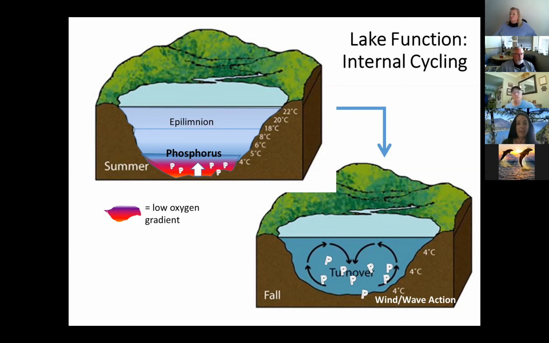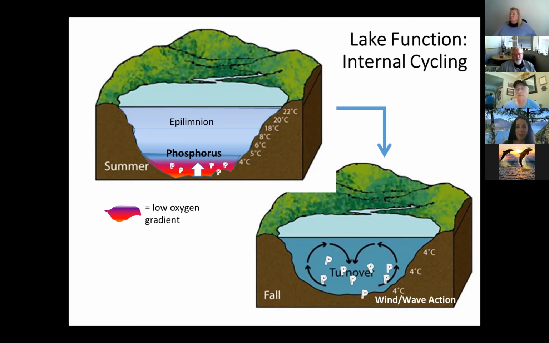And then, if you keep having that source of phosphorus coming in and that anoxic condition at the bottom of the lake, you're exacerbating the amount of phosphorus that can then be released in those low oxygen conditions at the bottom of the lake.